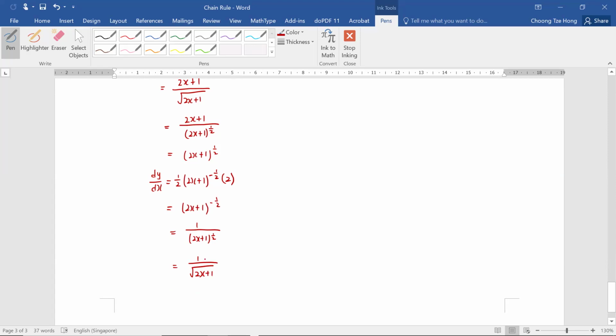So the chain rule, not too difficult to apply. Maybe I can just try one more question and see. What if we have a question like this? Let me add in one more question: y equals (x squared + 3) squared over square root of (x squared + 3).